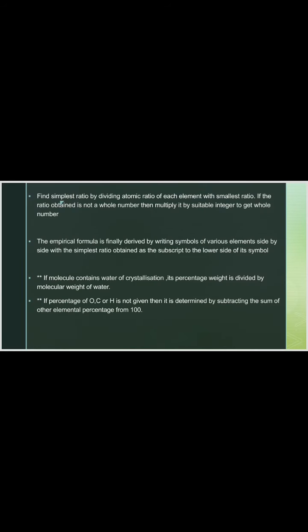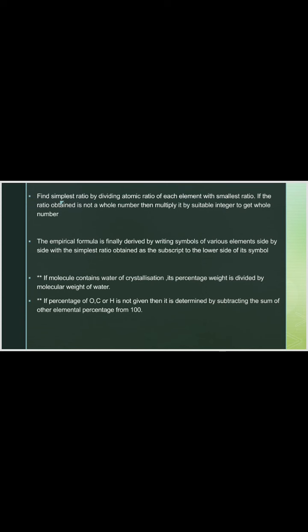Then in the next step, what do we have to do? We have to find the simplest ratio by dividing the atomic ratio of each element by the smallest ratio. The atomic ratio we have calculated in the first step, and we will compare the atomic ratios of all the elements.